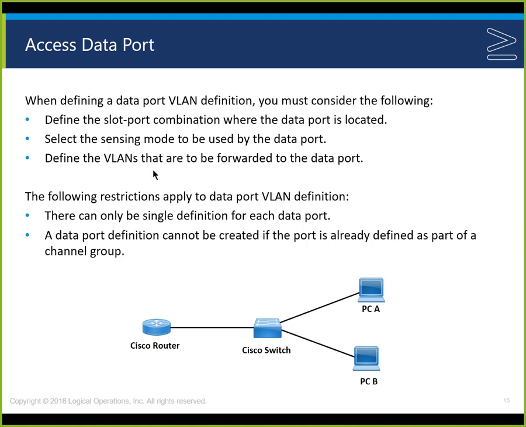Define the VLANs that are to be forwarded to the data port, which is what I finally got the command right for. You create the VLAN and then add the port to the VLAN with switchport access VLAN. So we create the VLAN and then we add the ports to the VLANs.